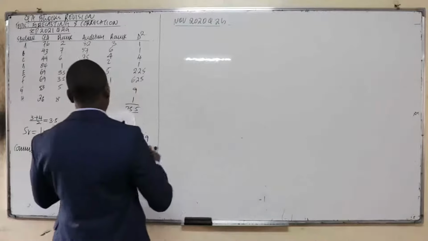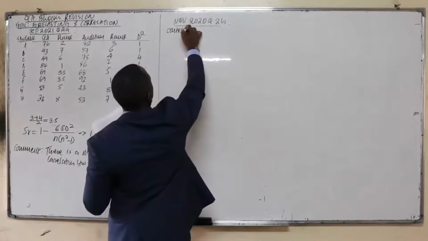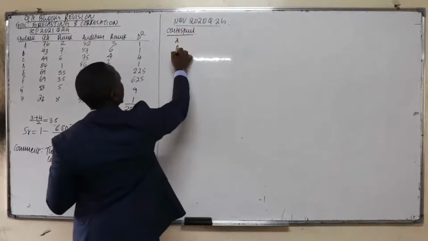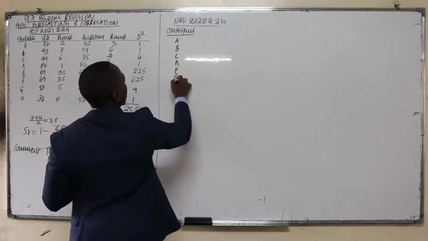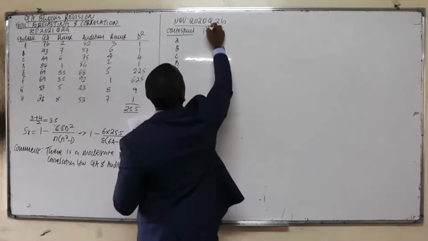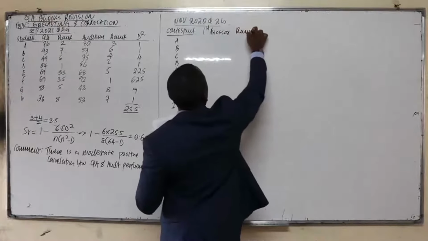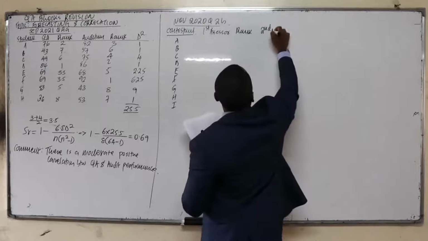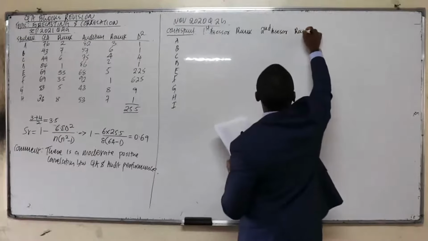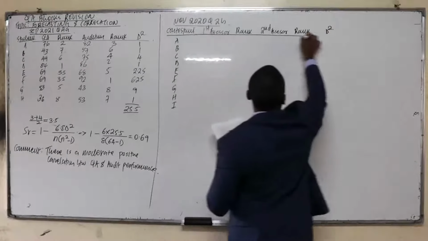We have the contestants A, B, C, D. Then we have the first assessor, then you rank. Second assessor, and then you rank. And then the d squared.